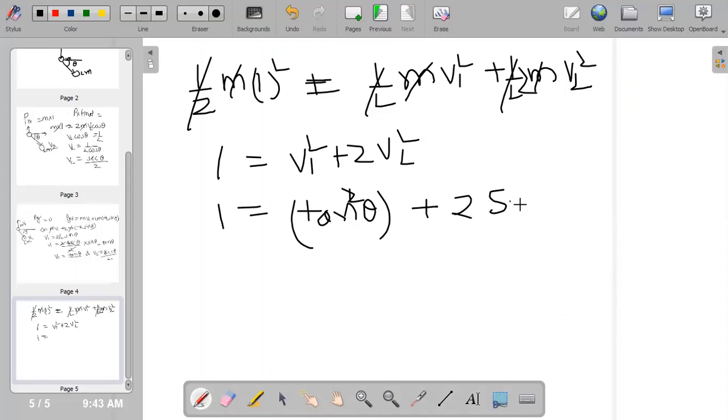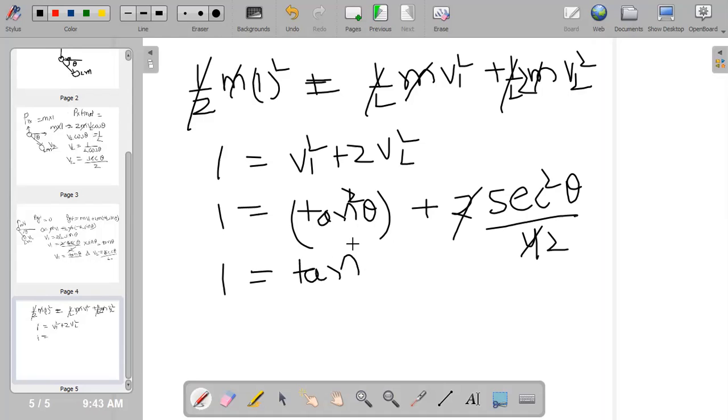So this will become sec square theta by 4. So this 2 and we'll have a 4 over here. So sec square theta can be written as 1 plus tan square theta. So this will become tan square theta plus (1 plus tan square theta) by 2.